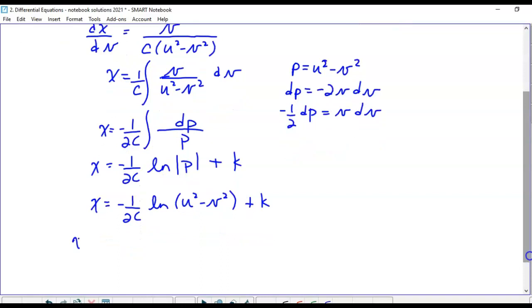So at x equals 0, okay, so if you take a look here, x is the distance fallen. So when it just starts, it hasn't fallen at all. The velocity is 0. So we're going to put 0 equals negative 1 over 2c ln of u squared minus 0 squared plus k.